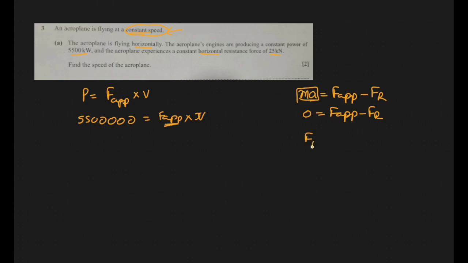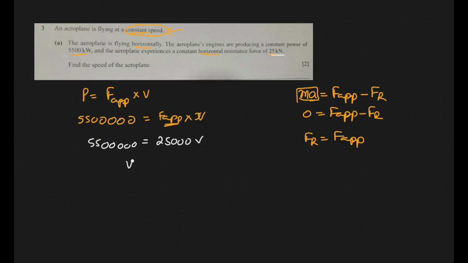That means the resistive force is exactly the same as the applied force. So in place of this applied force, I can use 25 kilonewtons times V equal to 5,500,000.